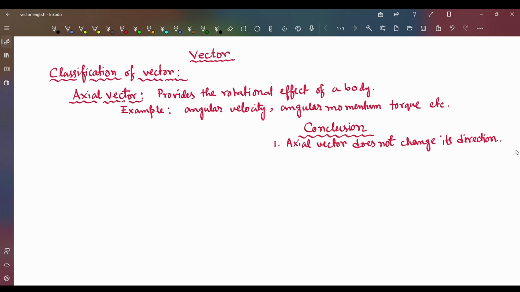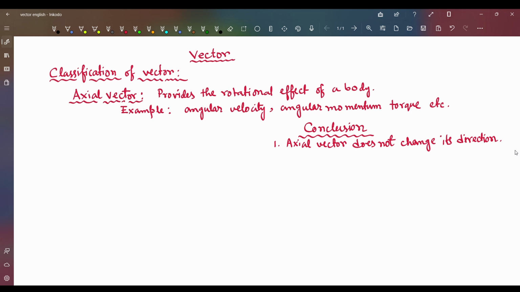I give you another example of axial vector as torque. We know that to move a body we need force, and to rotate a body about its axis we need torque. Torque is the moment of force. Torque is basically represented by the product of force and the perpendicular distance.